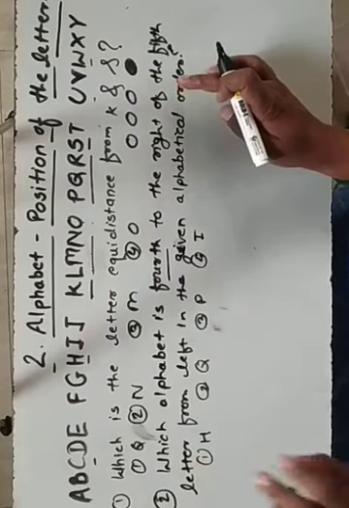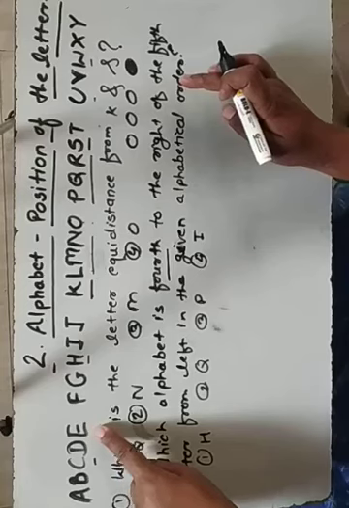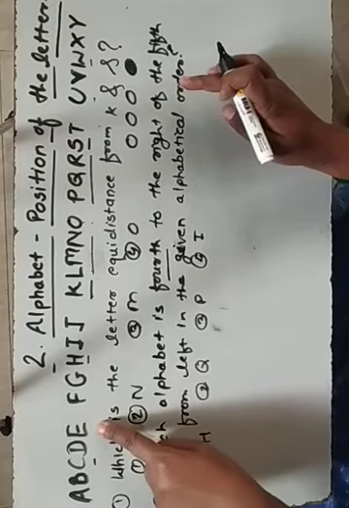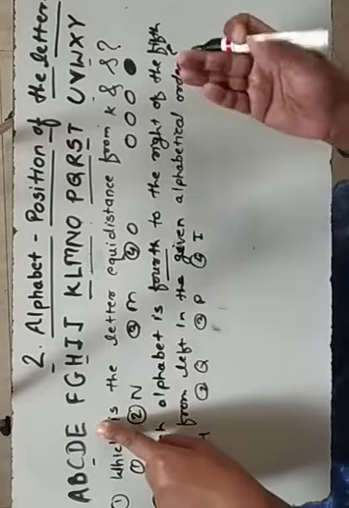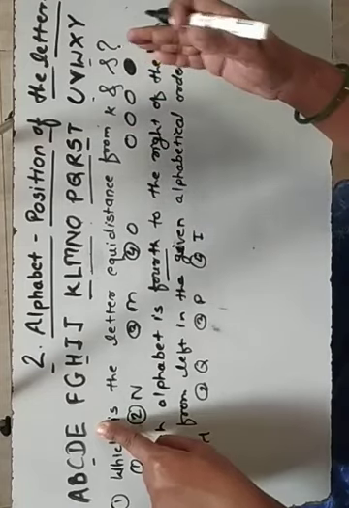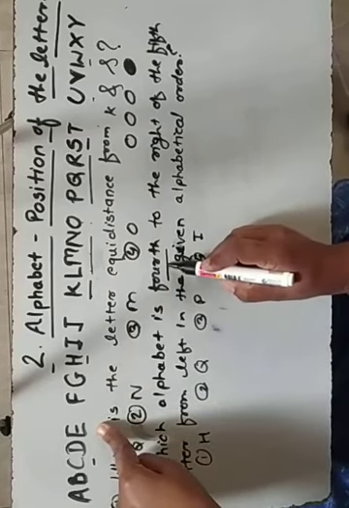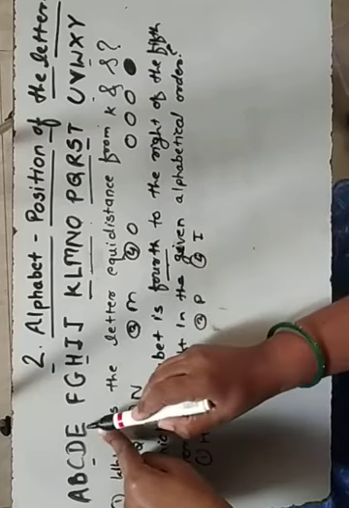First of all, the 5th letter is E: 1, 2, 3, 4, 5. E's right side means this side of the portion on the blackboard is the right side. Now from here, which letter do they want? The 4th letter. So from here we will count the 4th letter.